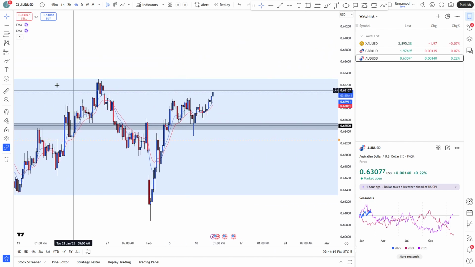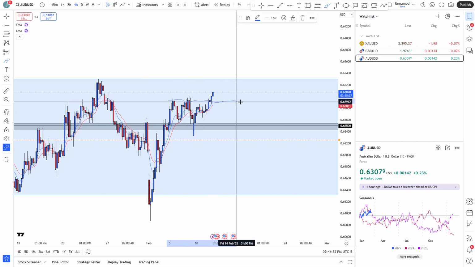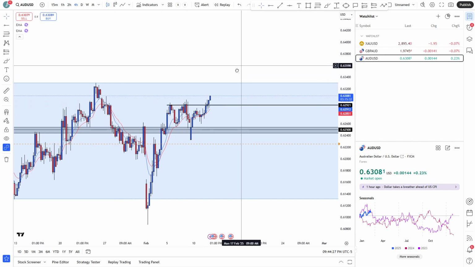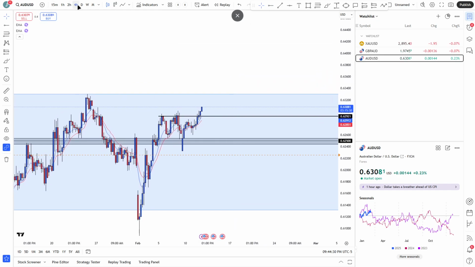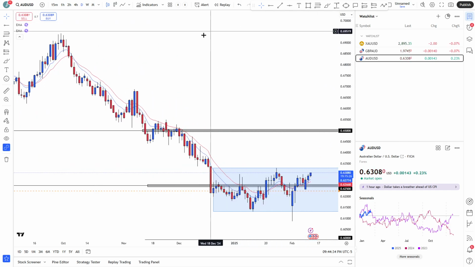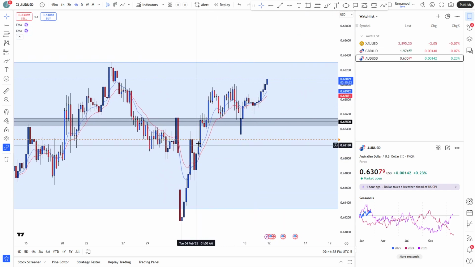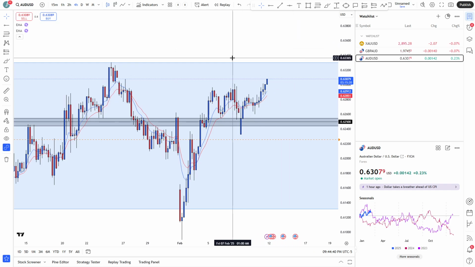AU finally broke through this little consolidation range, or this high. I wanted to see it break through. I don't know why I grabbed the brush, but it broke through this. So now we could begin looking for entries, I guess. But I do want to see the moving average slowly crossing over.